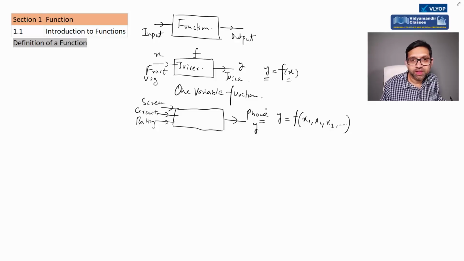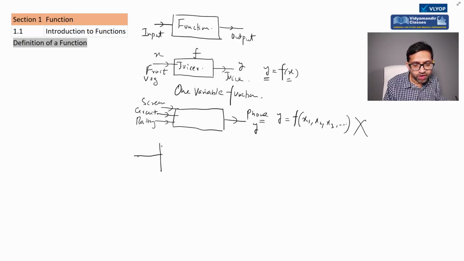In this whole course, I'm not going to discuss multivariable functions because they are not in the syllabus of any exam. When you go to college in first year, you will study multivariable functions. So here we'll just focus on one variable functions, where one variable is input into a function to produce one output.